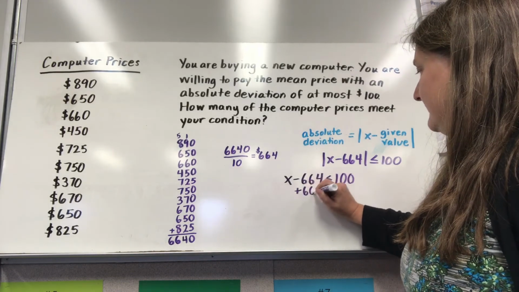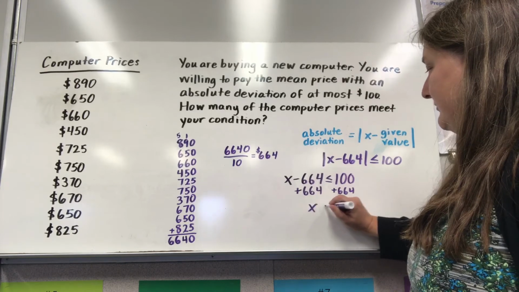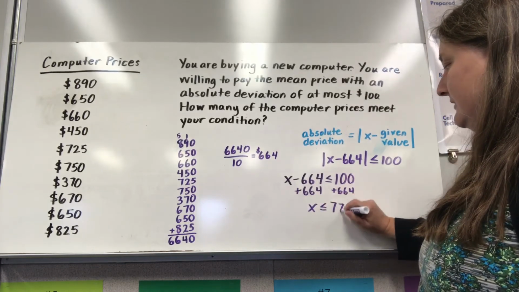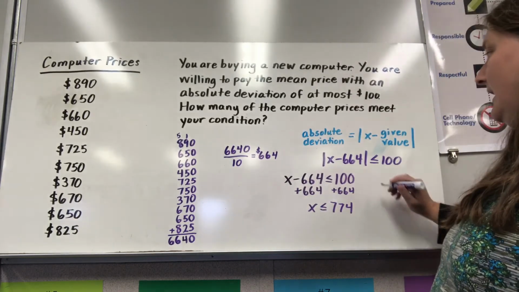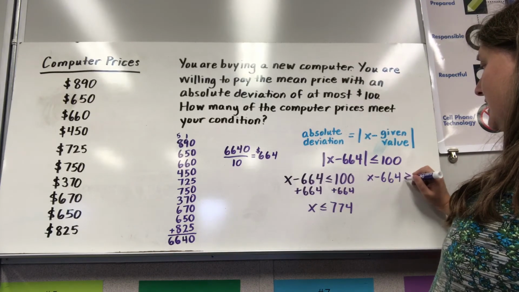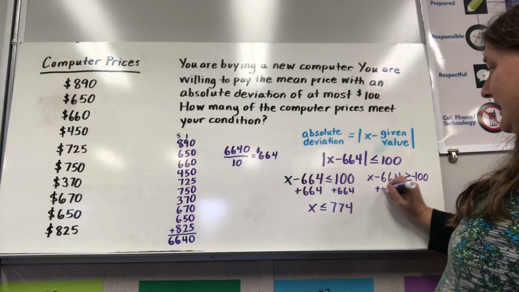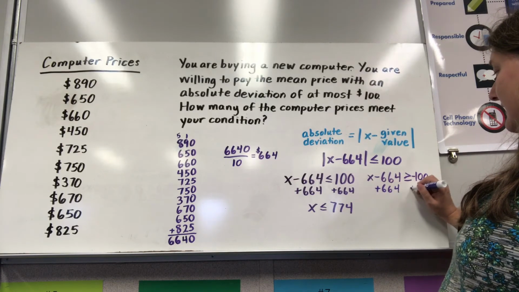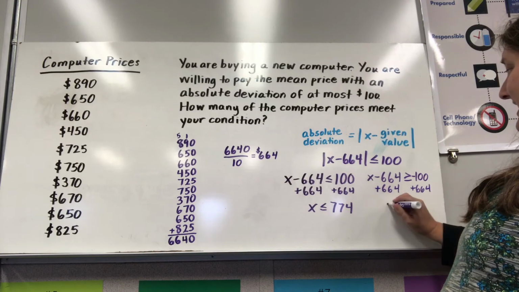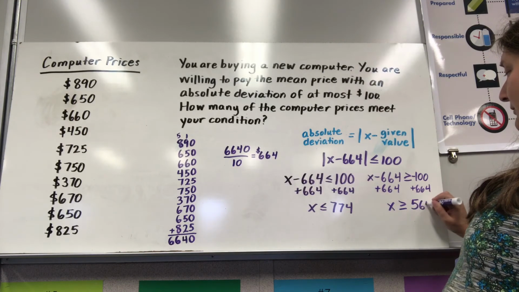And I can add 664 to both sides. So I'm willing to pay something that is less than or equal to $764. I can also set up x minus 664 as greater than or equal to negative 100. So I'll add 664 again to both sides, and I'll get x is greater than or equal to 564.